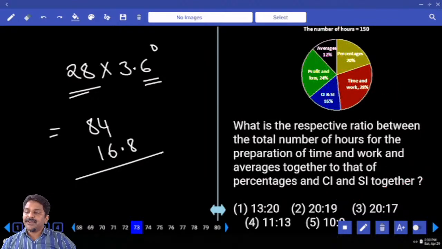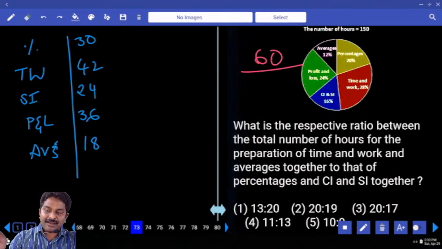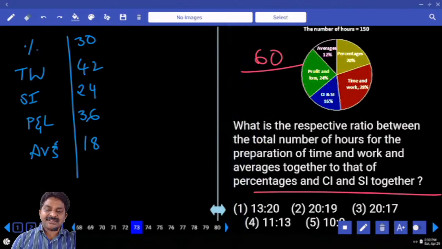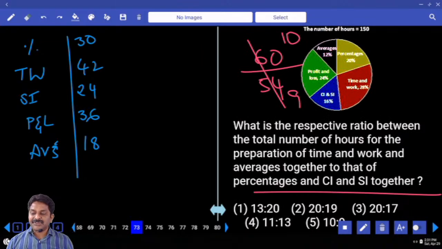What is the respective ratio between total number of hours for preparation of time and work and averages together? Time and work and averages together. How much is that? 60. And then percentages and simple compound. 54. 6. 10 times in numerator, 9 times in denominator.